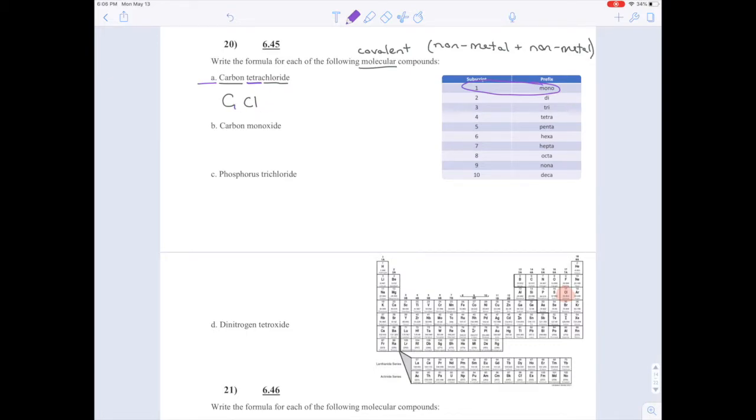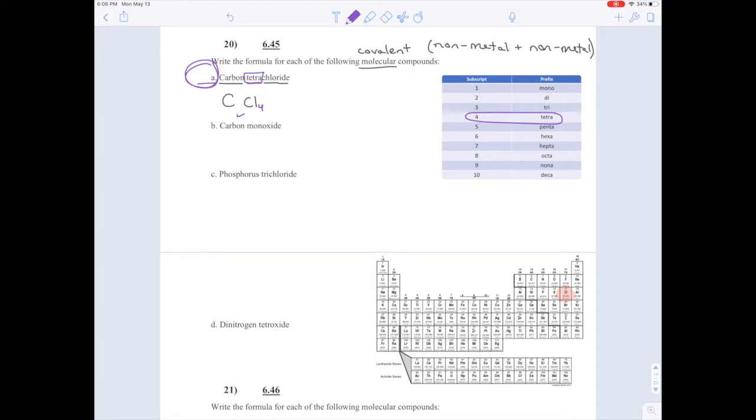Okay, so there is no prefix in front of the first element, and that only happens when you have one of that element. You don't have to write the subscript 1, and so we're good with that. For the next element, the prefix is tetra, and what tetra means is that at the bottom right of that element, chlorine, you'll have a 4.